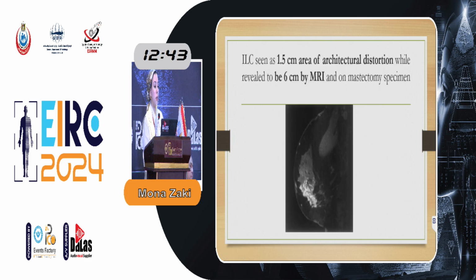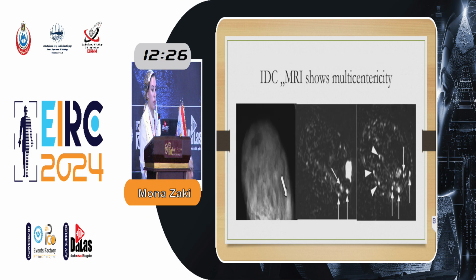Also in this case, the patient was diagnosed with invasive lobular carcinoma measuring 1 centimeter. After preoperative MRI, the invasive lobular carcinoma was over an area of 6 centimeters. And in this case of invasive ductal carcinoma, MRI adds the information of presence of multifocal and multicentric disease.